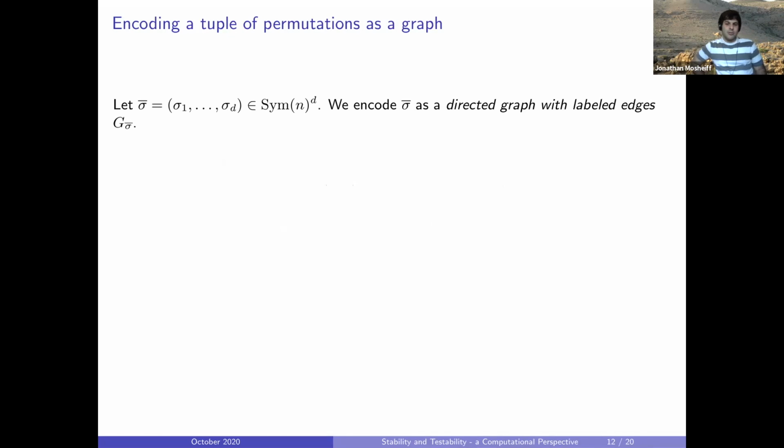In order to do that, we need to introduce a more combinatorial or geometric point of view of these permutations. I'm just going to define what I guess most of you would recognize as a group action graph, but I'm actually going to define it without any reference to group actions.